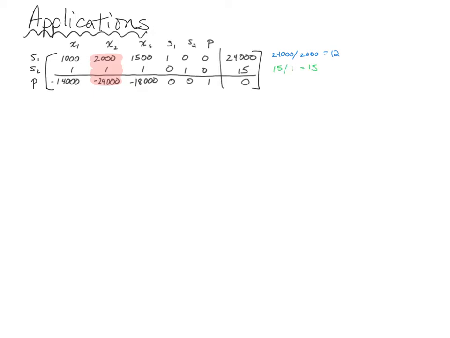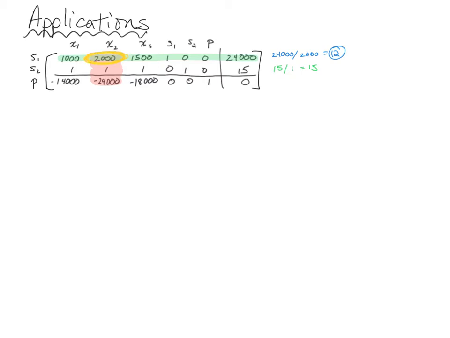And we're always trying to pick the smaller number here, and the smaller number here is 12. So the pivot row is this row right here. There we go. And where those two things overlap, that is the pivot. So our pivot here is the number 2,000.